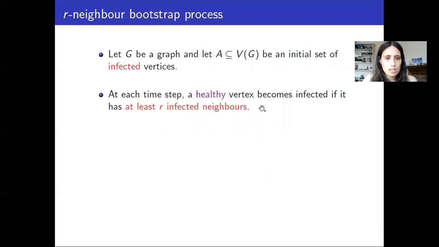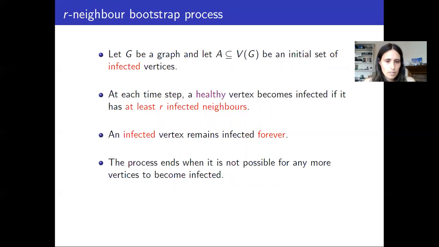So in our grid example, R was equal to 2. So a healthy grid vertex will become infected if it has at least 2 infected neighbors. And as in our grid example, an infected vertex remains infected forever. And the process ends when it's not possible for any more vertices to become infected.